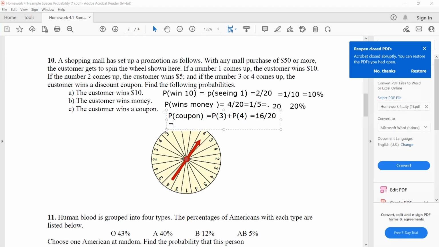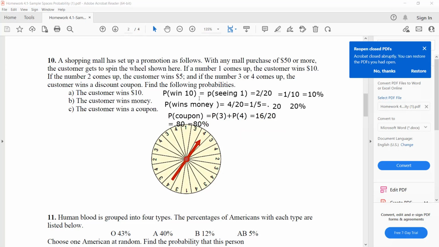This is 0.8. Okay, that wasn't so bad. There we are, 80%.